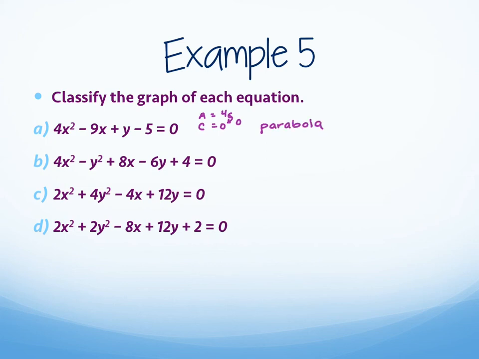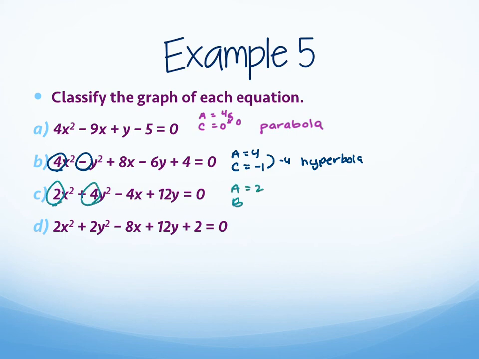Looking at b, a is what's in front of the x squared. C is what's in front of the y squared, negative 1. When I multiply these together, I get negative 4, which means that this is a hyperbola. Look at c. A is 2.